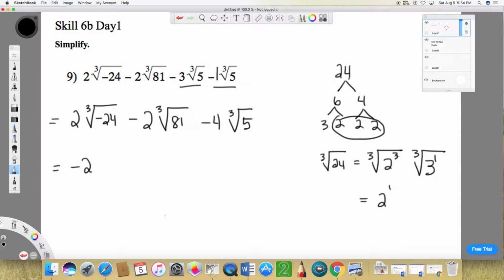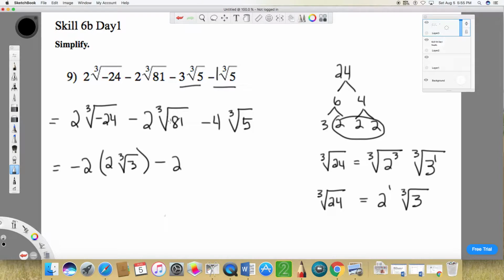Or you can look at it and say 3 divided by 3, the exponent divided by the index, is 1. So I know that this cube root of 24 is the same thing as 2 times the cube root of 3. And remember, I've already taken care of that negative sign. So now I'm replacing this with 2 times the cube root of 3.